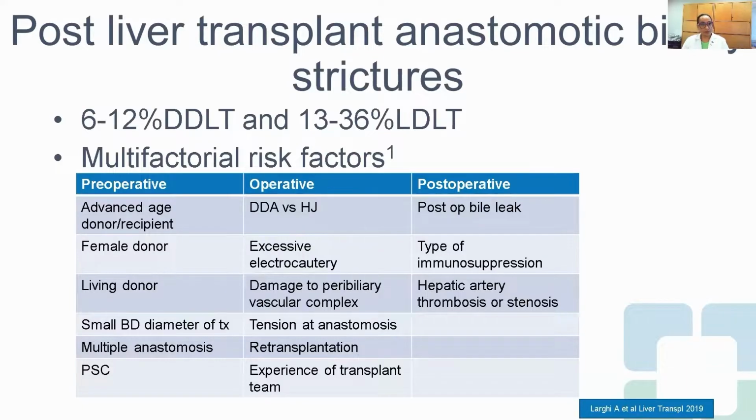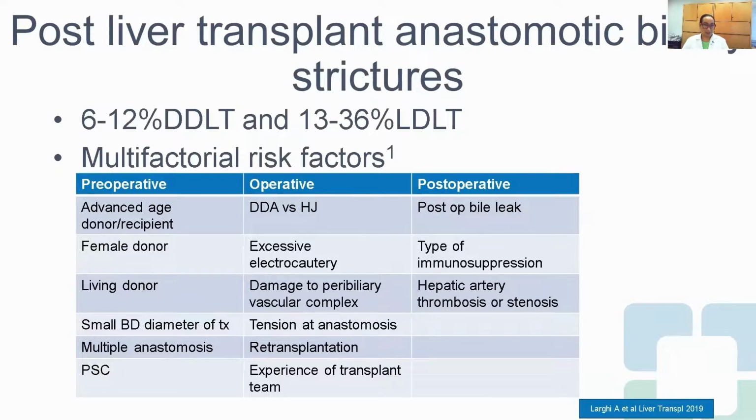Starting with post-liver transplant anastomotic biliary stricture, they're more common in those who undergo living donor liver transplant. Up to 1/3 of them can have strictures compared to deceased donor liver transplant. There are several risk factors that have been identified that can lead to anastomotic stricture.